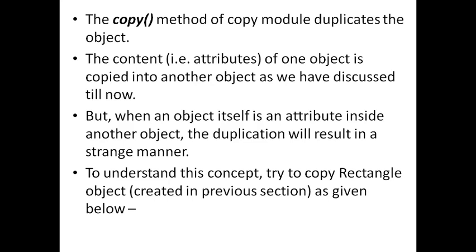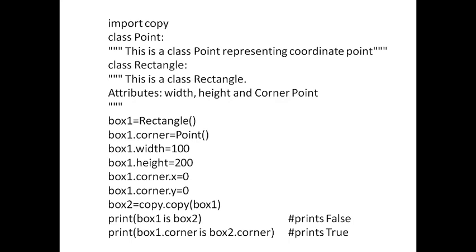For example, try to copy a rectangle object. We have already created a Rectangle class and Point class in the previous videos. So we have to copy the rectangle object like this.